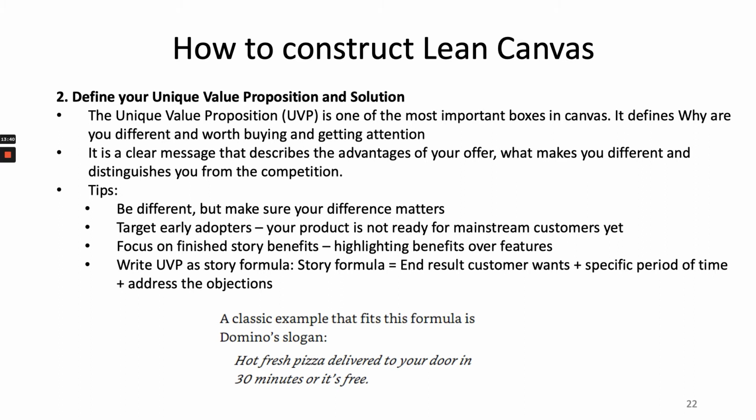Focus on finished story benefits, highlighting benefits over features. So if you saw the presentations of Apple, they focus on benefits. So what are the benefits of their products rather than just features?